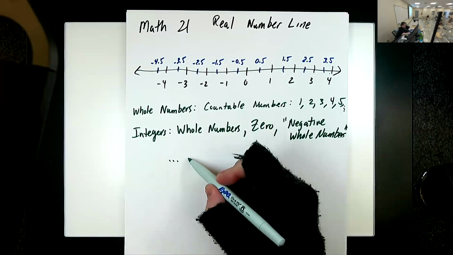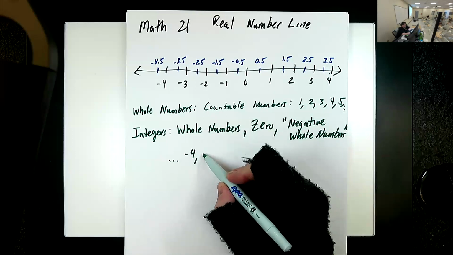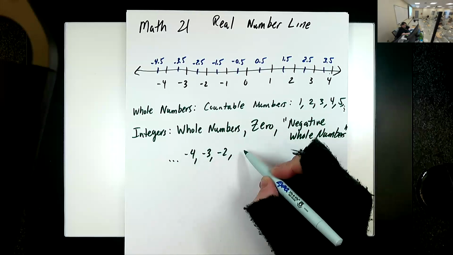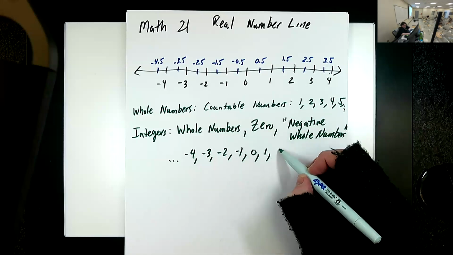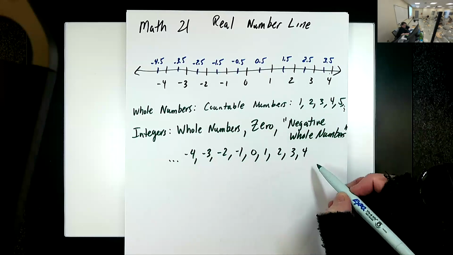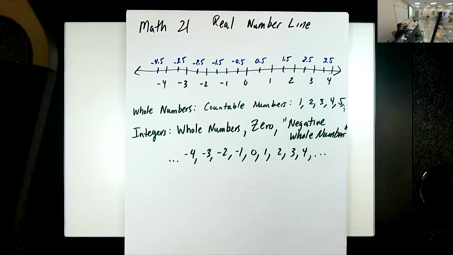On the line I have here, I have -4, -3, -2, -1, 0, 1, 2, 3, and 4. And they keep going. There are more numbers, obviously. The next number would be 5. I don't have it on my line. We normally put 3 dots to show that the numbers keep going.